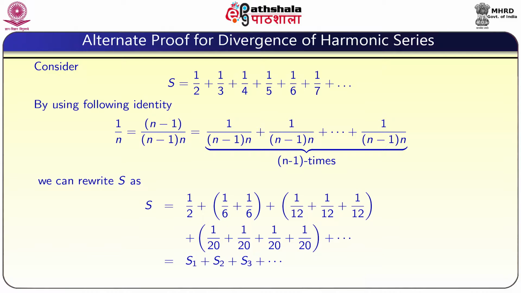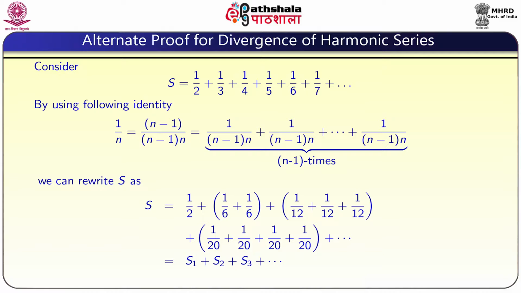So, what we can do now is, this sum can be written as S1 plus S2 plus S3 and so on. What is S1 here? S1 here is 1 by 2 plus 1 by 6 plus 1 by 12 plus 1 by 20 plus and so on.